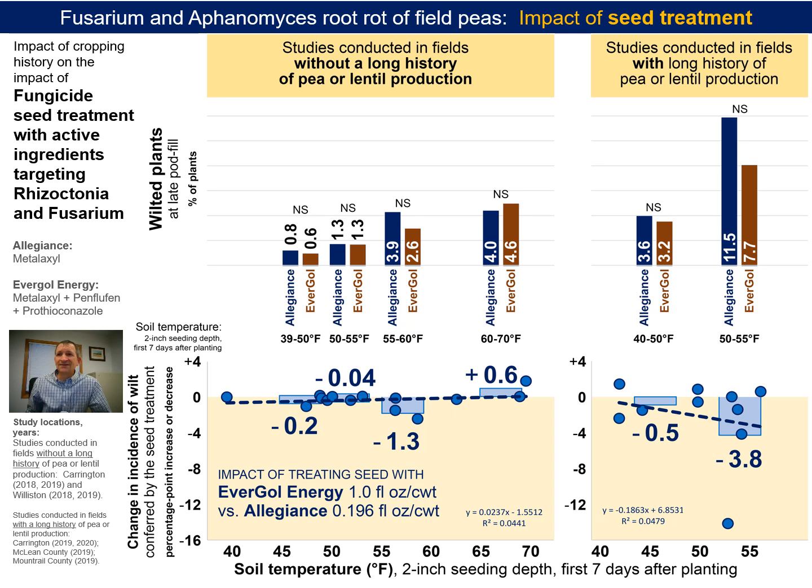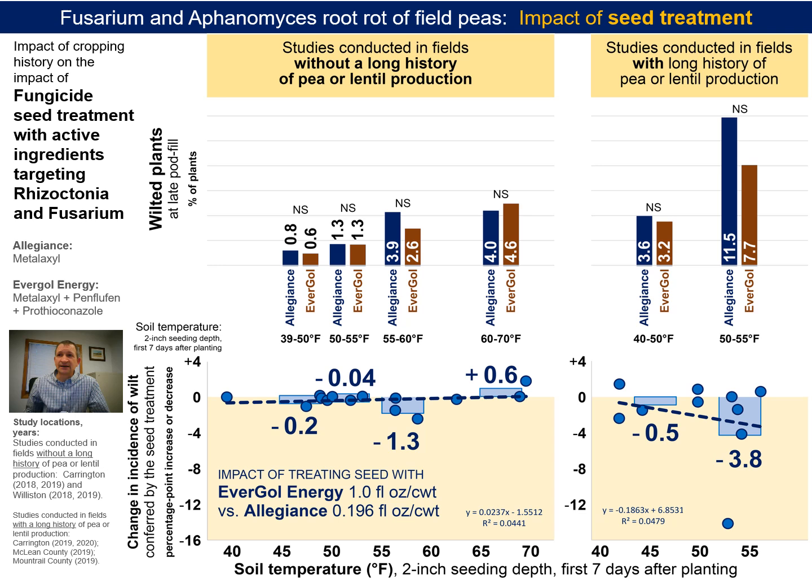And we didn't address that question quite as directly as I would have liked, but we did assess it partially. Okay, so in 2018 and 2019 primarily, but also a little bit in 2020, we tested in fields without a long history of field pea or lentil production.